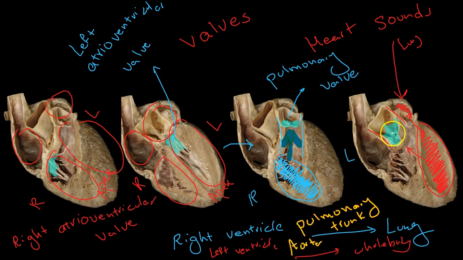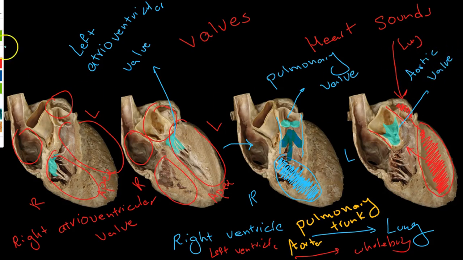Okay. And then there is a valve between the left ventricle and the aorta. What would be the name of this valve? That would be the aortic valve. Easy peasy, right? Okay, so let's review.